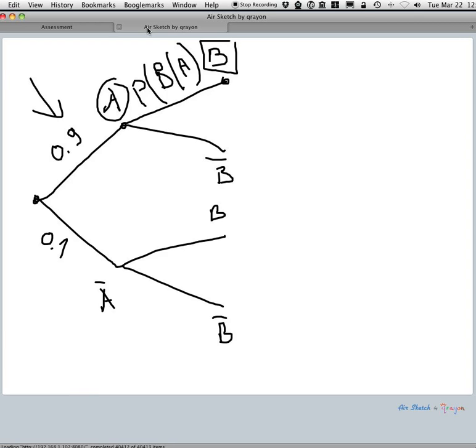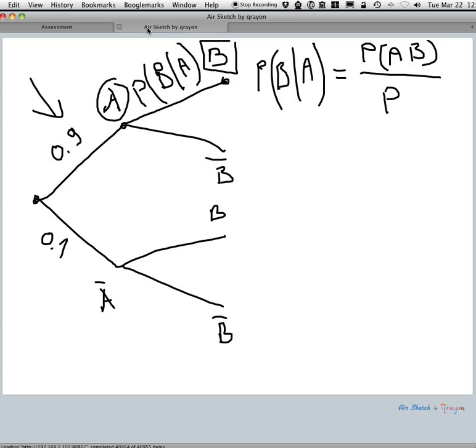Well, in this case I could give you the answer in two ways. The first way is the golden rule, so you just write down the probability of B given A. You always have to write this without even thinking. It is the probability of the intersection of A and B over the probability of A. You have this general rule. Now let's see, what's the probability of the intersection of A and B?